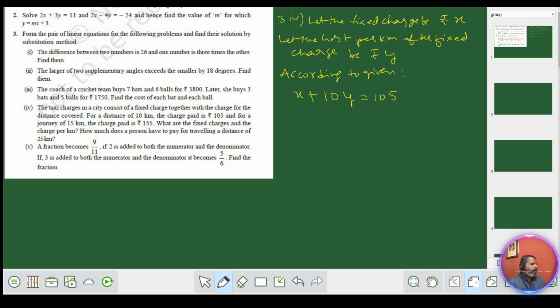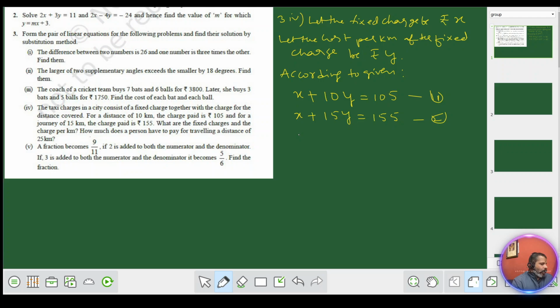X plus 10Y is equal to 105. Then X plus 15Y, that is 15 kilometers with the variable charge, is 155. Please understand here, this is a very important question which we regularly see. This we call as 1 and this we call as 2.